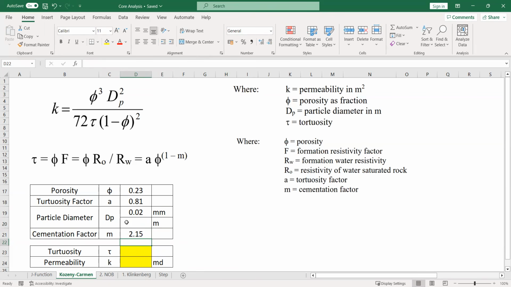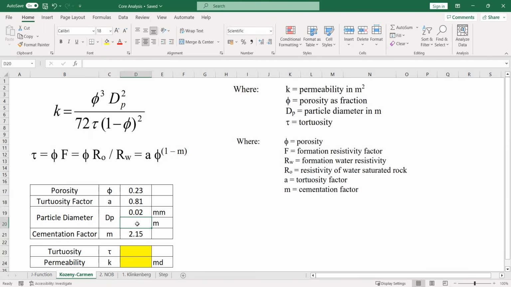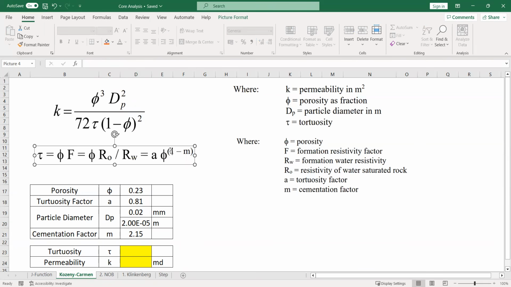Of course, we can do this by using these two equations. But first, we need to calculate the particle diameter in meters, all right? Of course, it's this one multiplied by 10 to the power of minus 3. As simple as that. All right, and then for tortuosity, we are going to use this right-hand side.